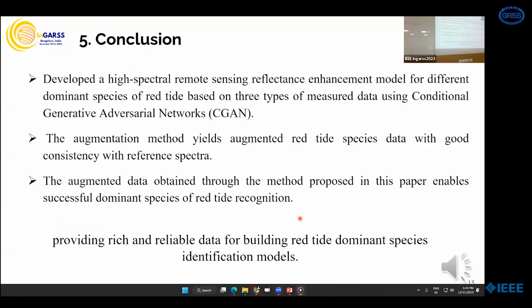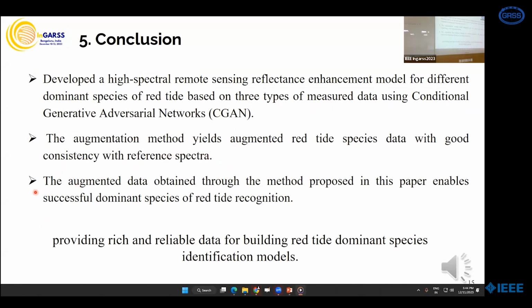Finally, to make a conclusion. In this study, we develop a hyperspectral remote sensing reflectance enhancement model for red tide species. This model is based on 3 types of measured data using CGAN. Also, this method yields augmented red tide species data with good consistency with reference spectra.